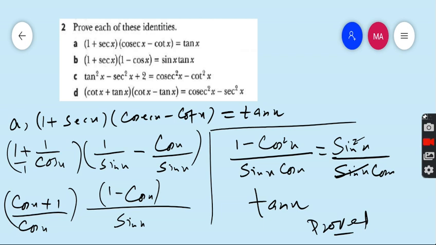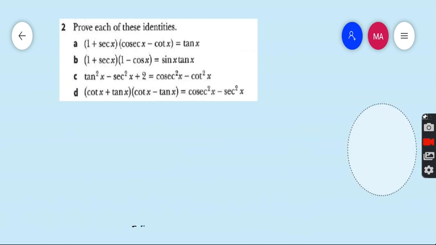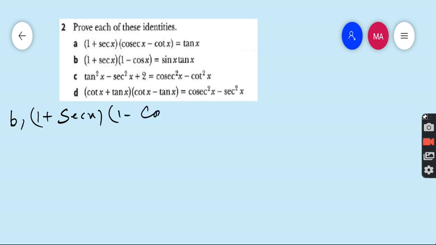Move to part B. Part B is (1 plus sec x)(1 minus cos x) is equal to sin x tan x.